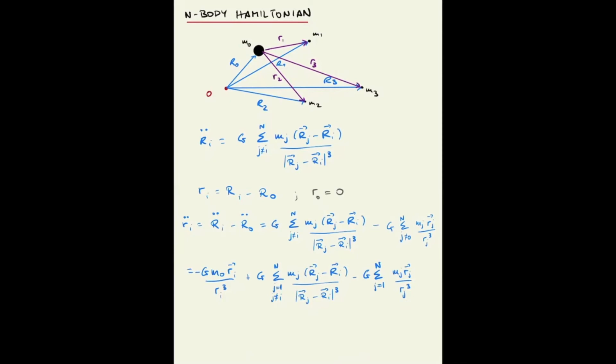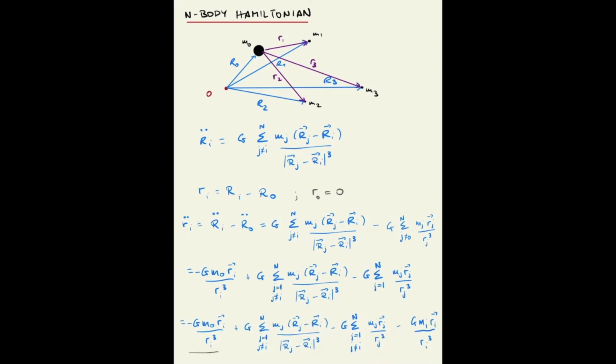So let's get the j equal i out of the second summation. Then this term would be the same term, but now with j not equal to i, and then write the term with j equal i separately. So that would be m_i r_i over the modulus of r_i to the cube.